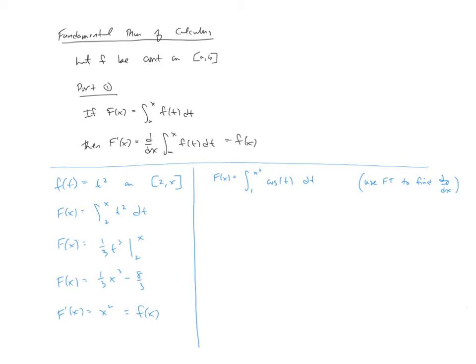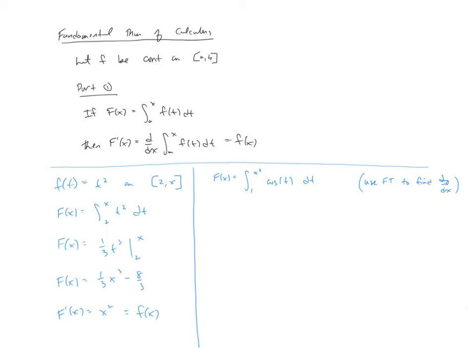Okay, so now you can see I've added another question to the same screen. I think it's important, especially with how messy this looks, to have not only it available, but a couple of the other things available to compare. Now the big difference here is we're going to use the fundamental theorem to find dy dx. What we're going to need to watch out for is a chain rule in this particular case.